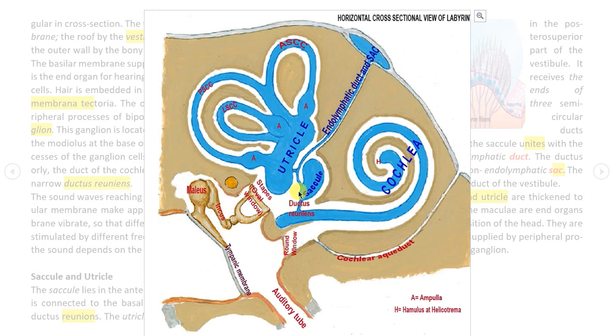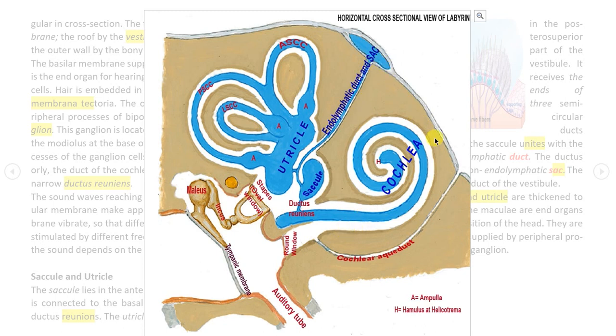We have seen the various aqueducts. The aqueduct is communicating with the dura mater in the brain tissue. Between the utricle and saccule, this is the utriculosaccular duct. It is becoming continuous with the endolymphatic duct and ends in the endolymphatic sac. And this is in communication with the meninges of the brain.